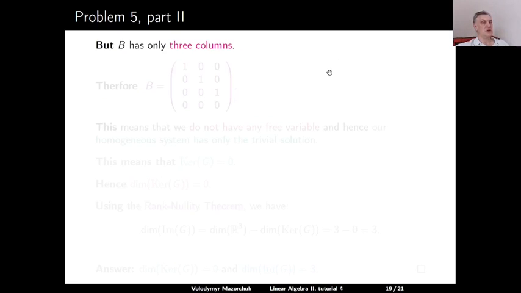But we also know that it has 3 columns. So it is a 4 times 3 matrix with 3 non-zero rows, each having a leading element. And so the only possibility for this row echelon form is the following matrix: 1, 0, 0; 0, 1, 0; 0, 0, 1; 0, 0, 0.